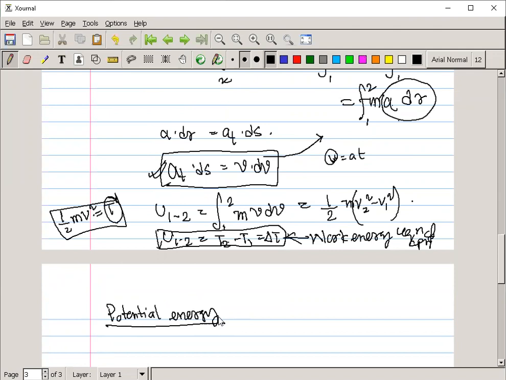potential energy. We can write potential energy in terms of gravity and elasticity.